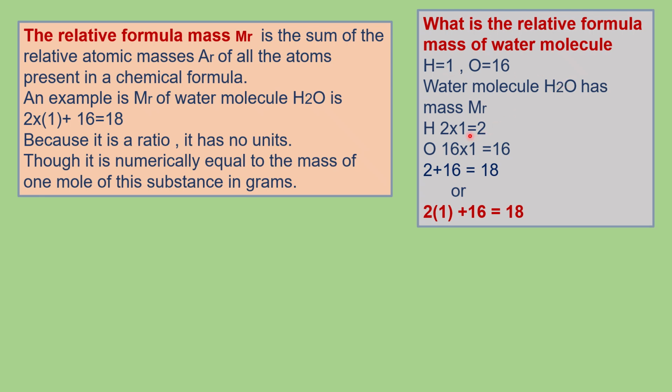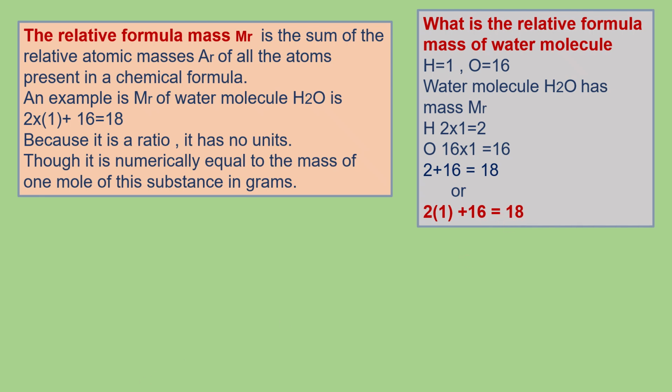So 2 times 1, because you have 2 atoms. With oxygen, you have only 1 atom, so 16 times 1 is 16. You add all the values together, 2 plus 16 is 18. Or you can calculate all of them together in this way: 2 times 1 for the hydrogen, because you have 2 atoms of hydrogen, and 16 because you have only 1 atom of oxygen, and the answer is 18.